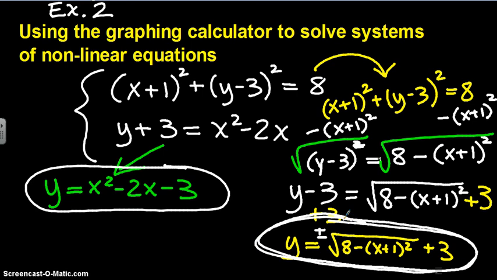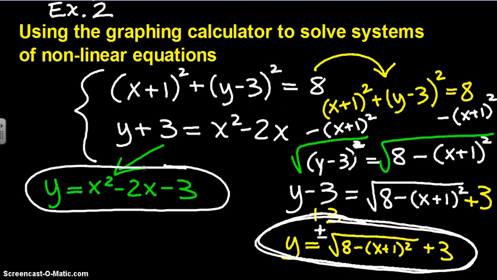So to sneak it by the calculator, we graph it as the plus part, which is the upper half of the circle, and the minus part, which is the lower half of the circle. So I'm graphing two pieces, so that the calculator doesn't realize it's a circle. That means I'm actually going to put in 3 equations. I'll put this one in y1, and then this one is going to go in y2 and y3.